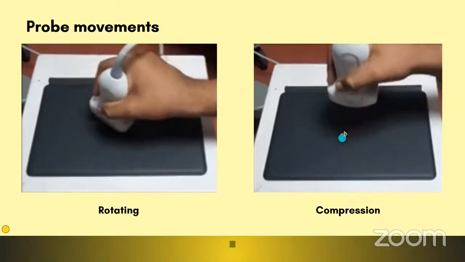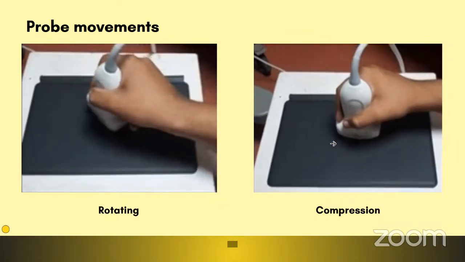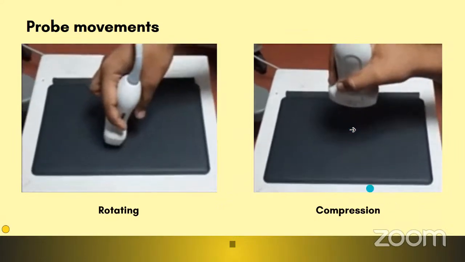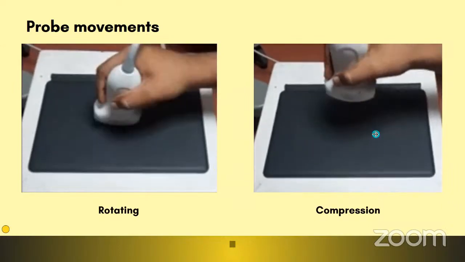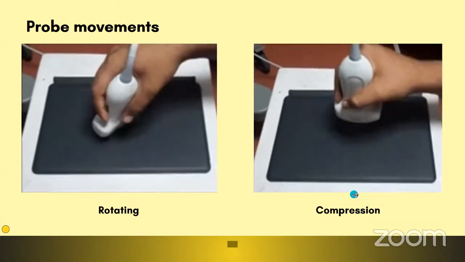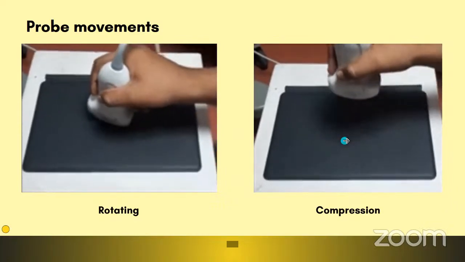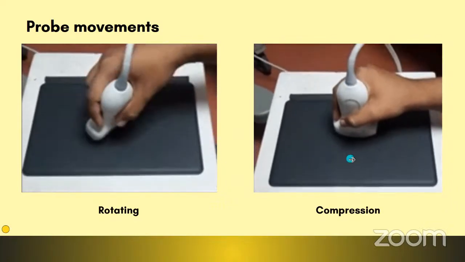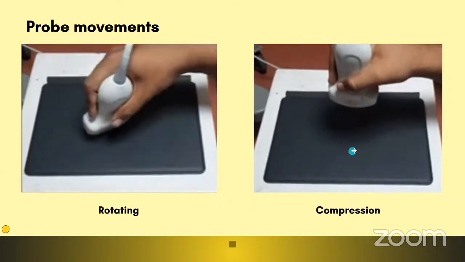If at all we want to see deeper structures and just slightly increase the gain, to reduce attenuation and also appreciate the deeper structures better, what I will do is compress the probe much deeper into the patient's skin. Got it? And also we can change the depth in the ultrasound machine.